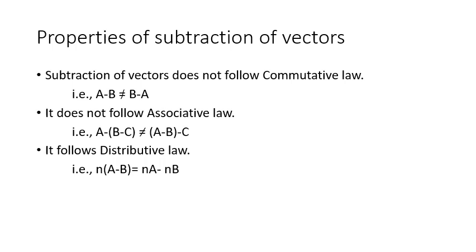And the third property is that it follows the distributive law, that is, n, a numerical constant value, n into a minus b is equal to na minus nb. So students, subtraction of vectors does not follow the commutative and associative laws, but it follows the distributive law.